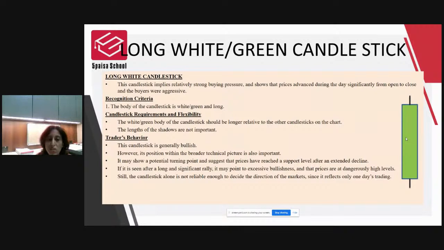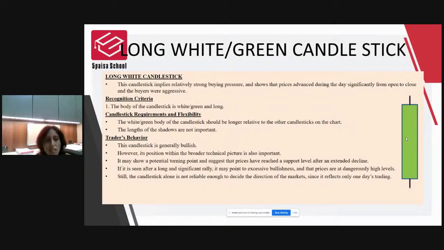And if it is seen after a long and significant rally, it may point to excessive bullishness and that prices are at dangerously high levels. So what will happen if prices are at dangerously high levels? Going ahead, you might see a reversal.